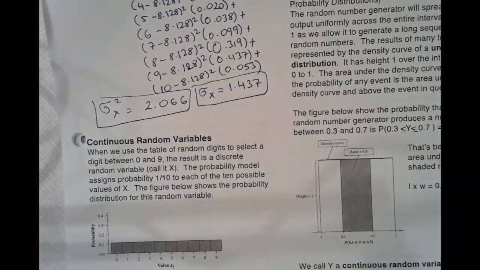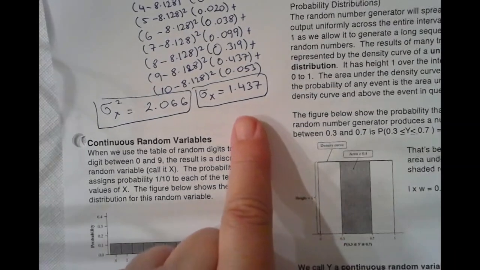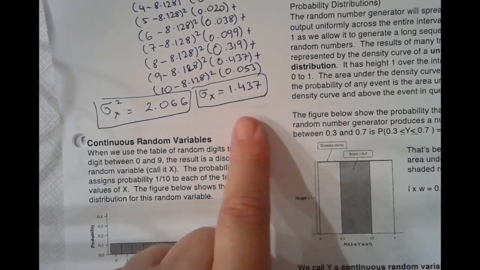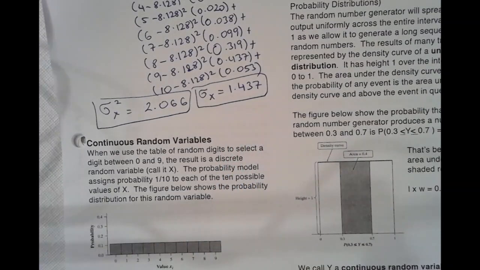It says that the standard deviation of a randomly chosen infant tells us how much the value of the variable tends to vary on average from the mean. So a randomly chosen infant's APGAR score tends to vary by 1.437 on average from the mean score. Okay.